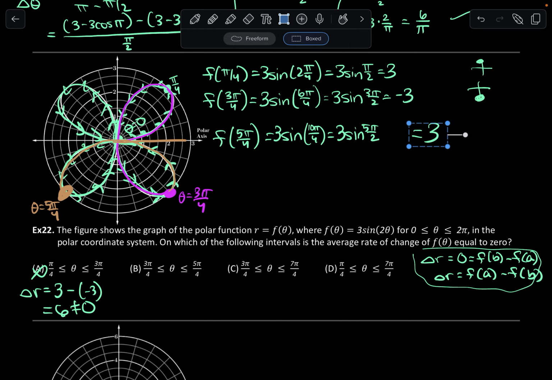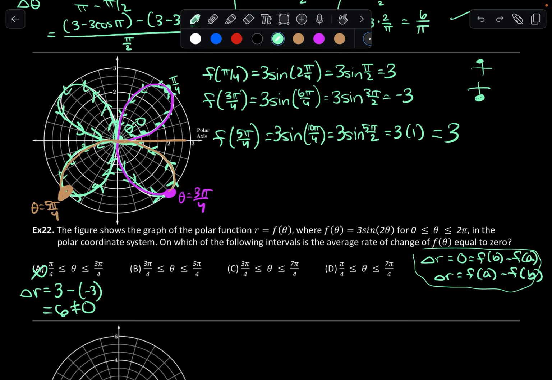We're going to have to find a coterminal angle. 5 pi over 2, if I subtract 4 pi over 2, because that's 2 pi, I end up with pi over 2. So that means we have 3 times 1, which is equal to 3. All right, so that's justification that this is going to be at 5 pi over 4 here.